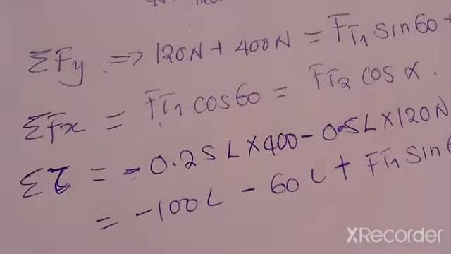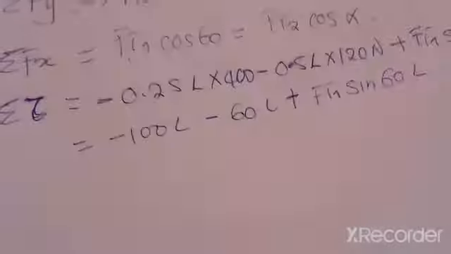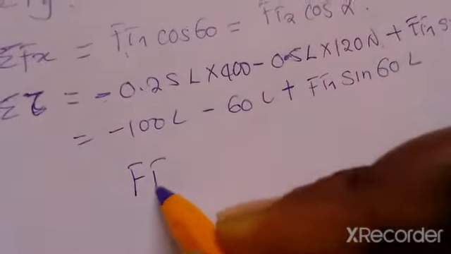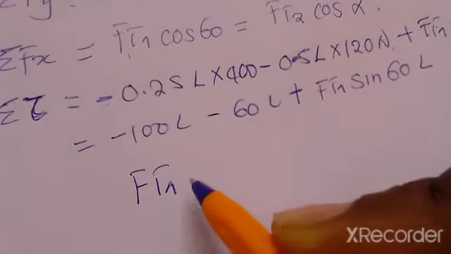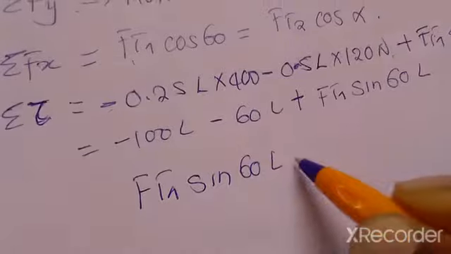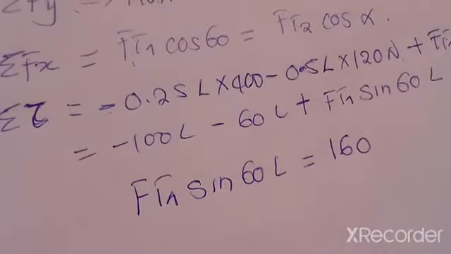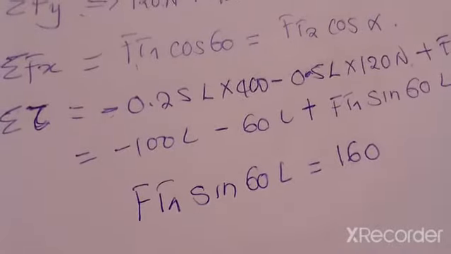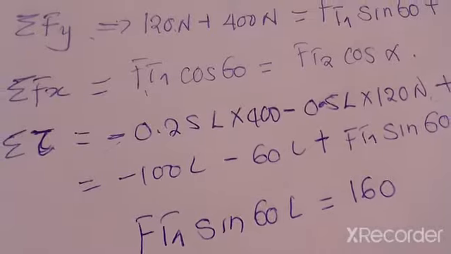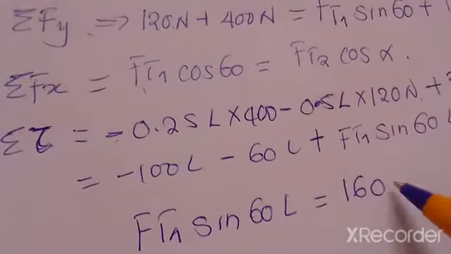Meaning that we can find T1, can't we? Yes, we can. Or Ft1. That will be Ft1 sine 60 L will be equal to 160. Okay, so we've just moved it to the other side of the equation, and if we divide, oh, this is 160L, right?